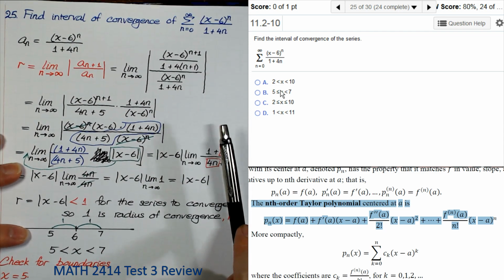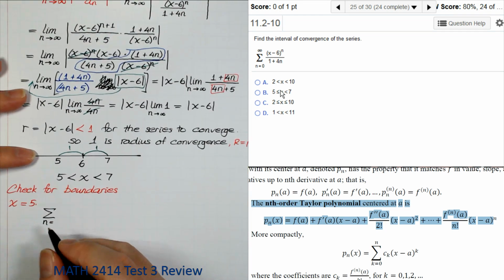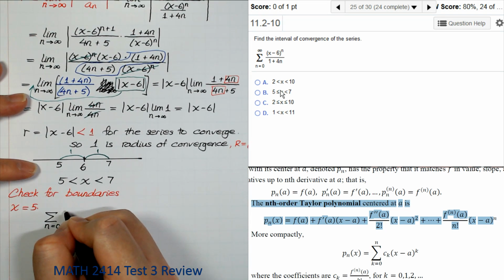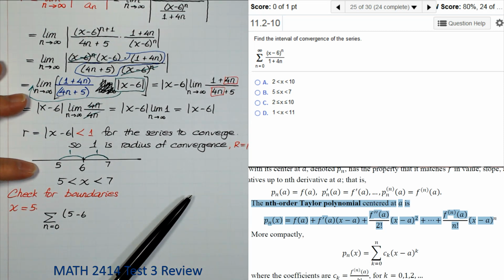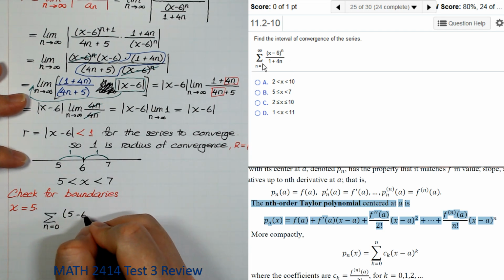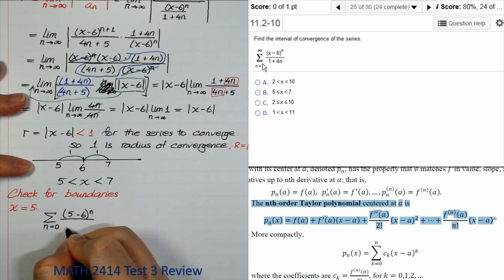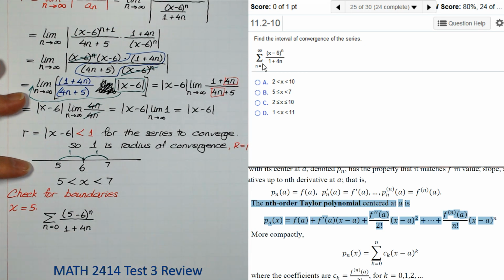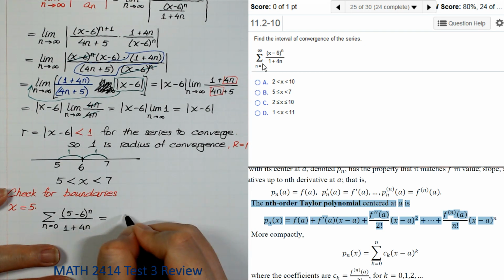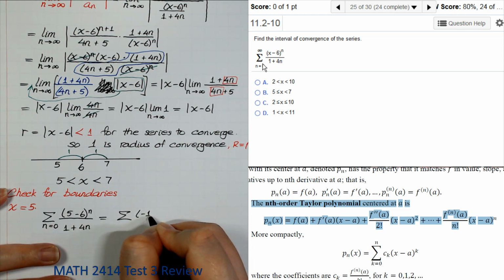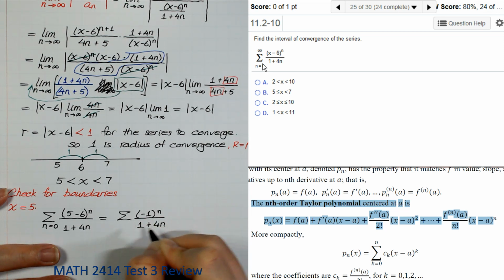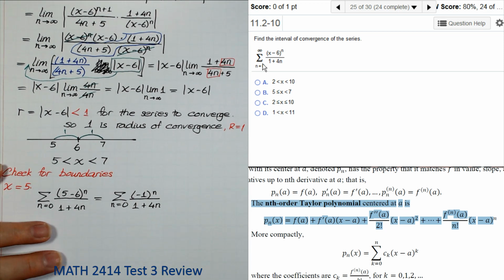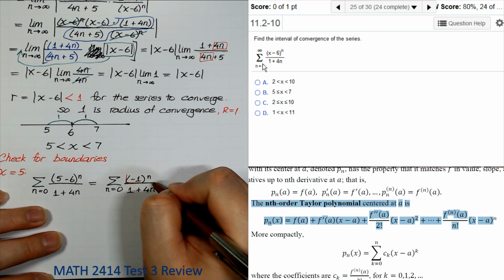So this is the series with 5 put into it. At negative 1, this is the alternating series.